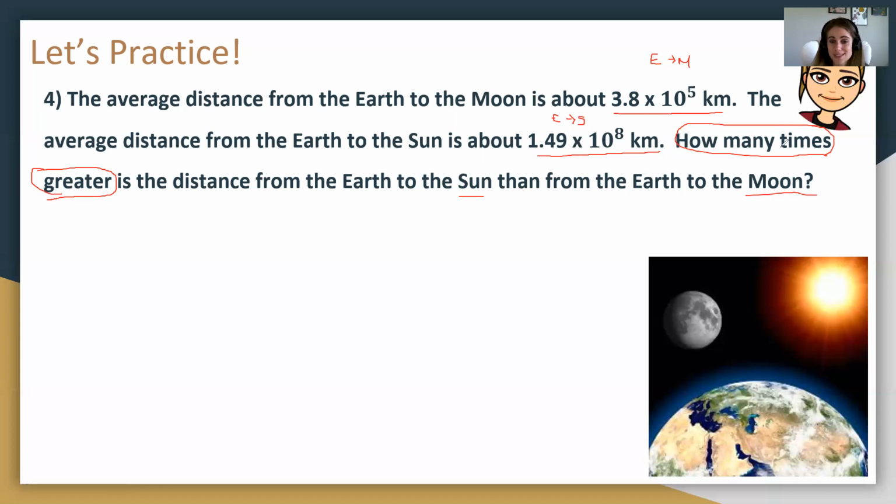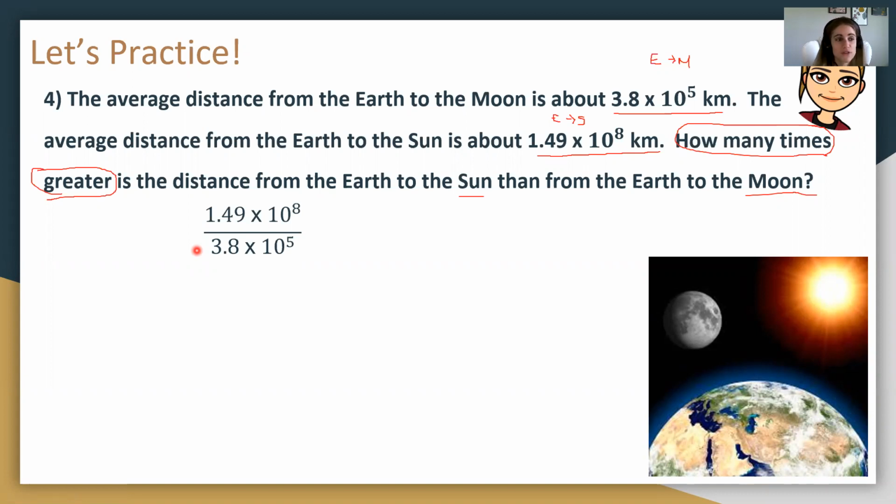The moon goes second, that's our denominator. So when we set up our problem, it should look like so. Here's our distance from the sun divided by the distance from the moon. By doing this division, we will discover how many times greater that is.